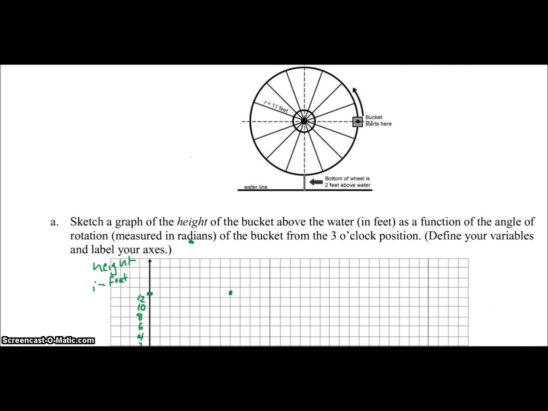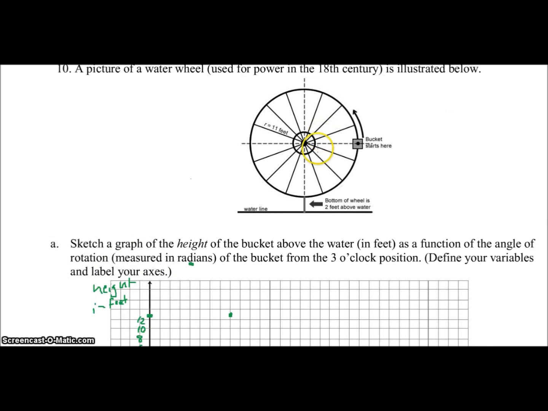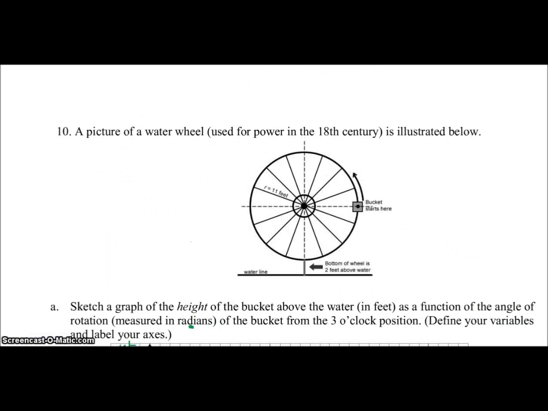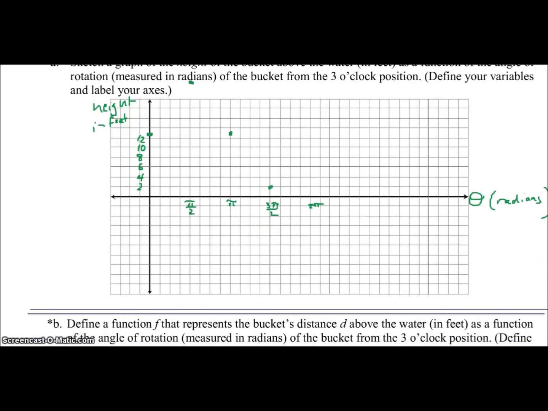And then when we get down to 3 pi over 2, we're at only 2 feet off the ground. So I'm going to go 3 pi over 2 right here. We're 2 feet off of the ground. Then when we get to 2 pi, that's one complete revolution, we'll be at 13 feet.